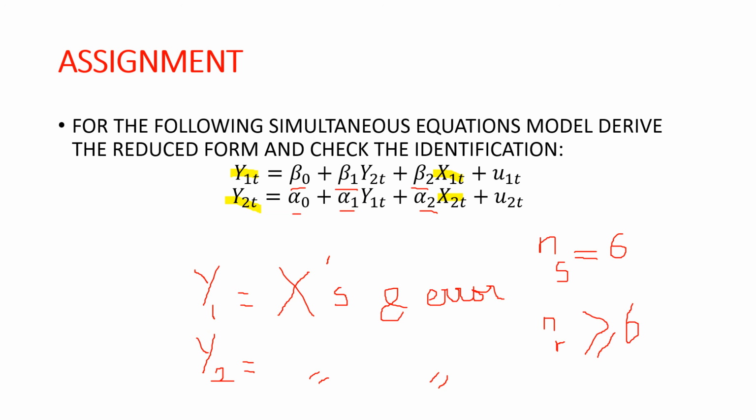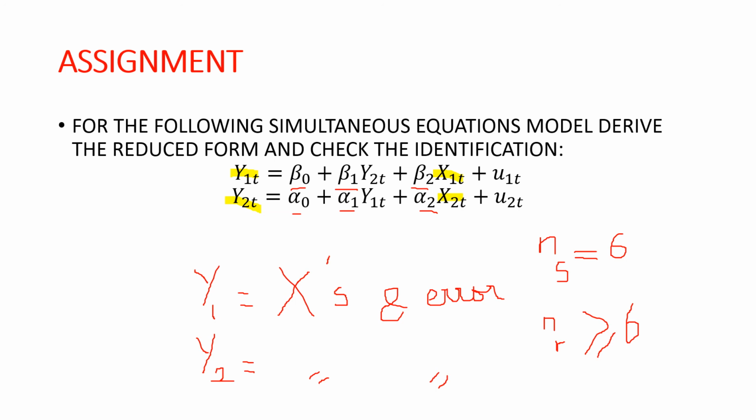If the number of parameters is exactly 6, it's exactly identified or just identified. In this case, you can obtain the structural parameters from the reduced parameters. But if the number of parameters in the reduced form is greater, it's over identified, and again you can solve it and obtain the structural parameters from the reduced ones.